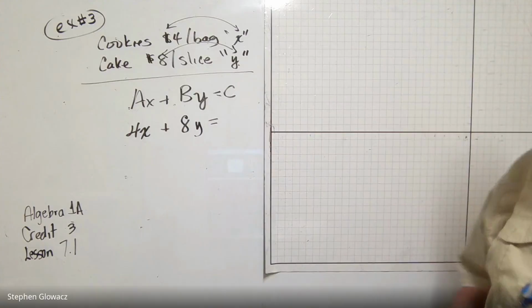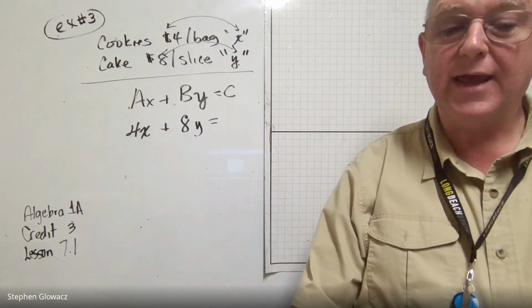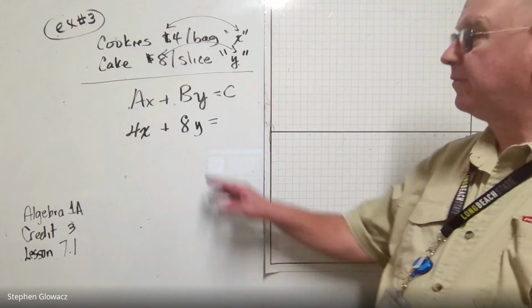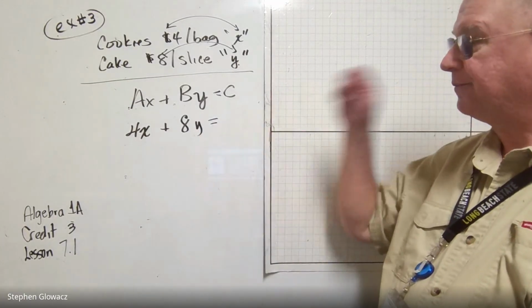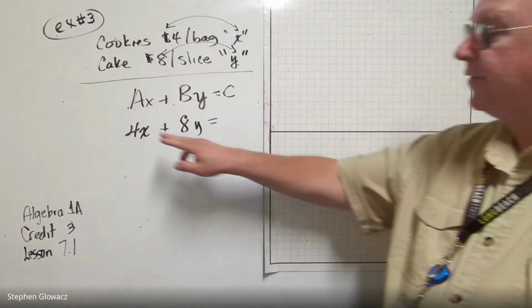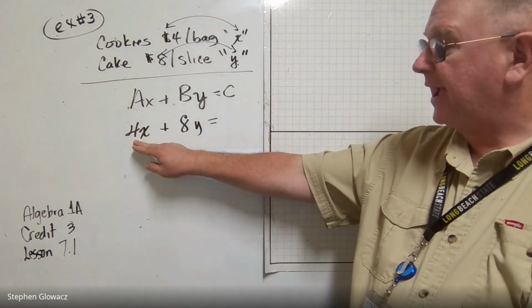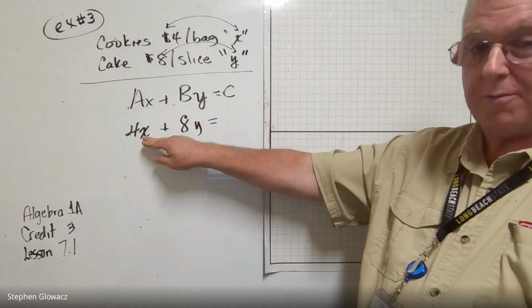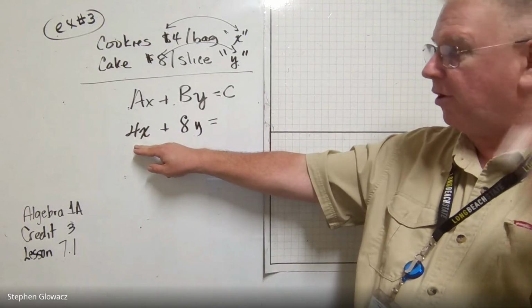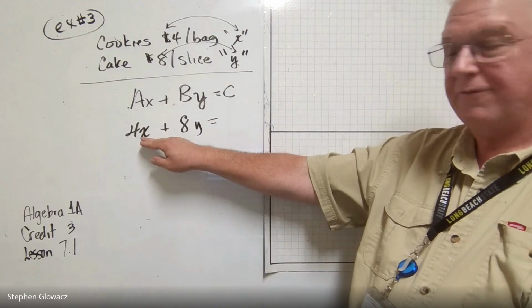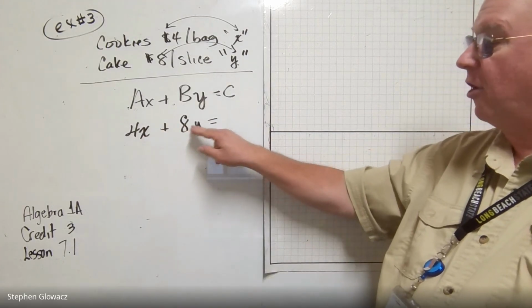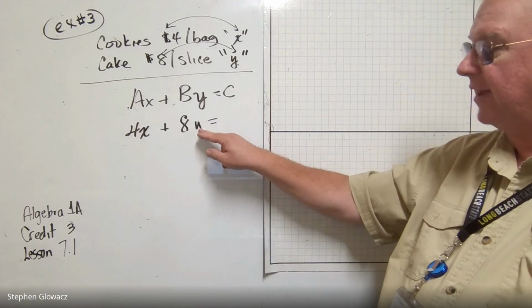So we have 8Y is the total amount of money that we earn from the cake. So that's the money we make from selling bags of cookies, $4 per bag. Again, we hear that word per, that's telling us we know the variables there. And then $8 per slice of cake, so 8 times Y.